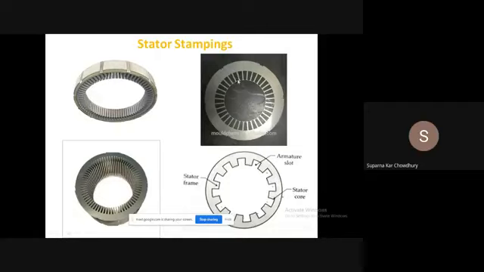With mica it is very difficult to make the slot lining because mica is brittle. So what is done is thin strips of mica are taken, which are bonded by some epoxy bonding so that a mica sheet is made with strips of mica, and that is flexible and is used to make the slot lining.